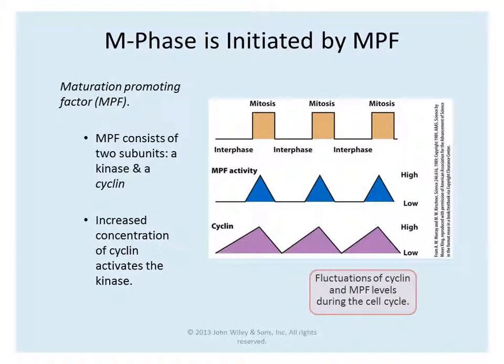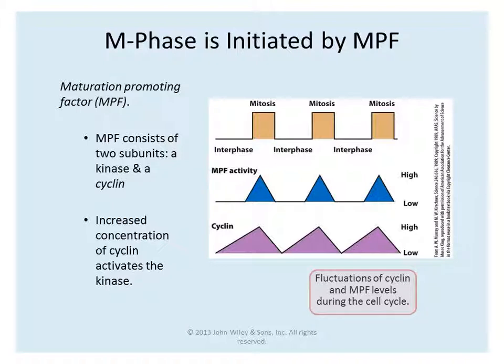Many studies using Xenopus oocytes or other invertebrate embryos led to the identification of what's called the MPF factor, maturation promoting factor. This MPF factor or complex was ultimately required to initiate mitosis in something like Xenopus oocytes or other invertebrate embryos.